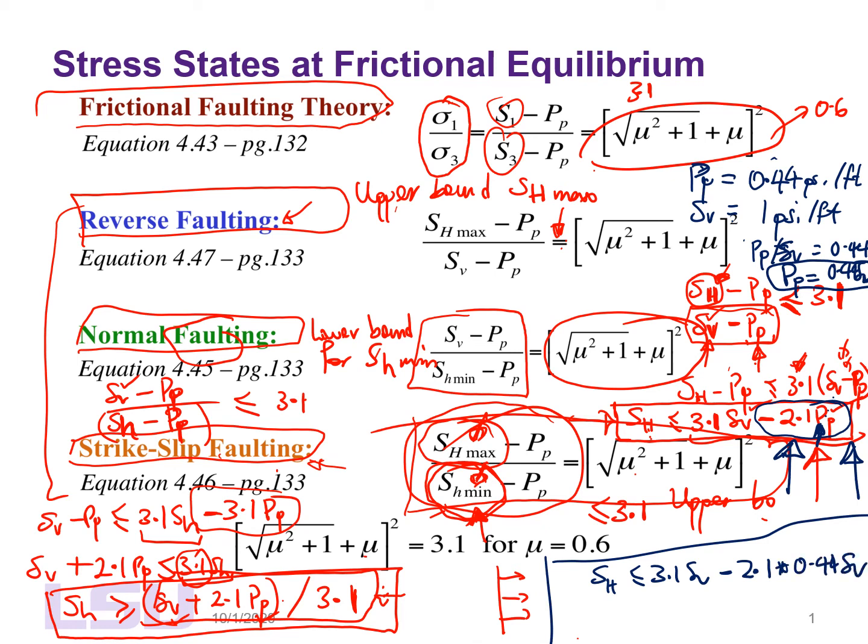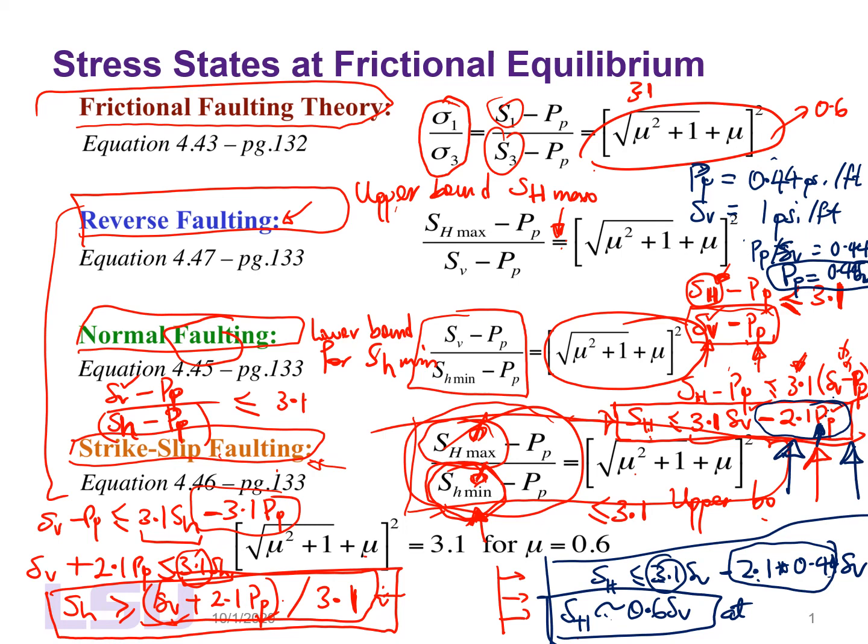So everything is now in terms of SV. And when you evaluate this, meaning 3.1 minus 2.1 times 0.44, it is approximately equal to 0.6. And we say SH max is approximately equal to that at the point it begins to slip, right? So when it is precisely equal to that value. And that's how we got that on the next slide.